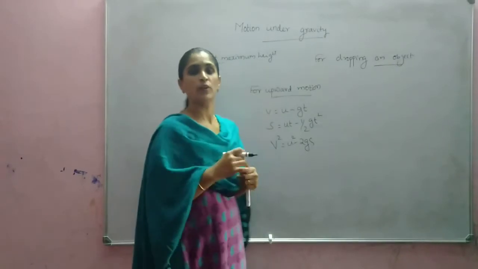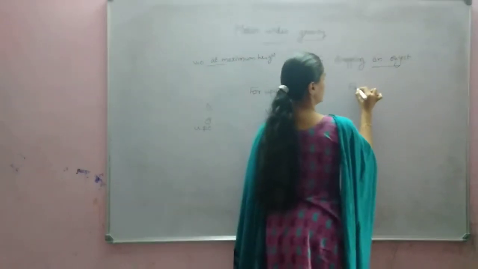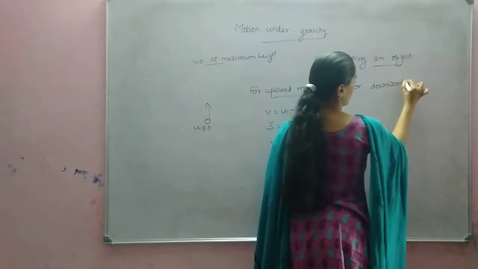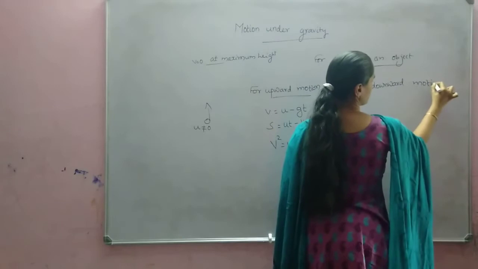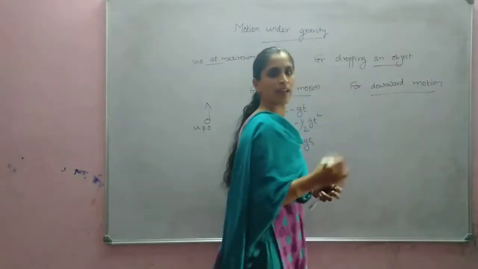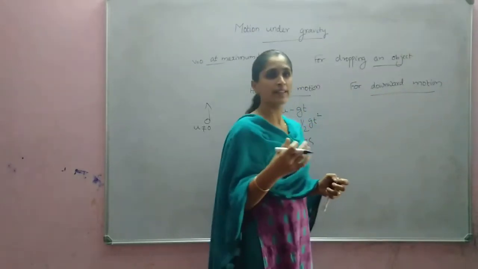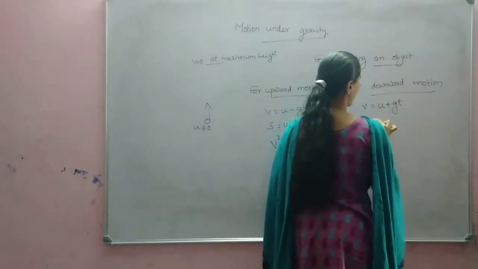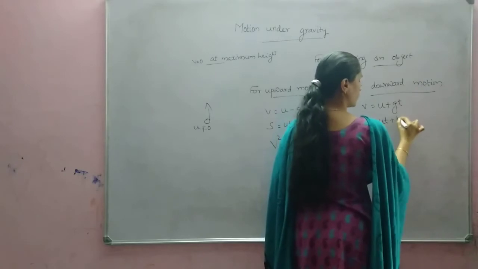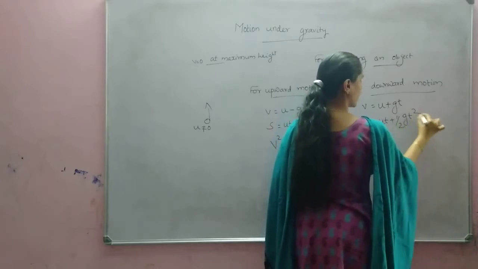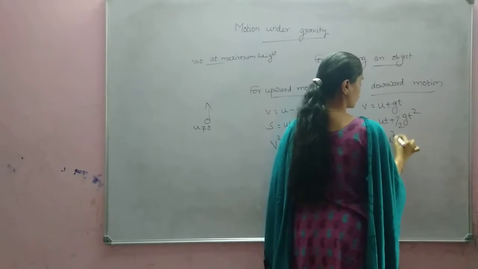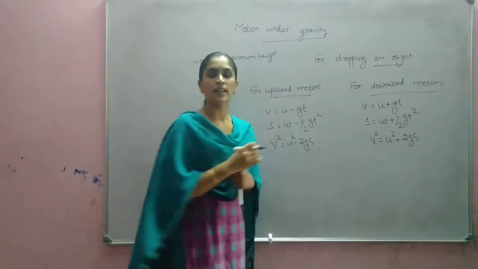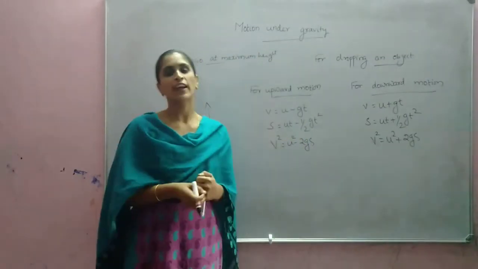Similarly, for downward motion, as it comes down its velocity increases, so we can write v is equal to u plus gt, s is equal to ut plus half gt square, and v square is equal to u square plus 2gs. So these are the equations of motion for upward and downward motion.